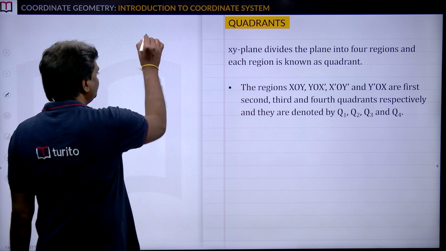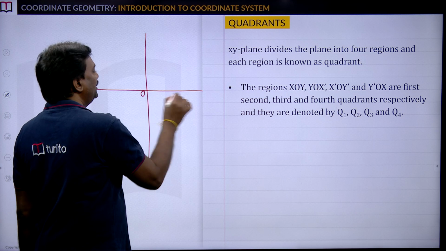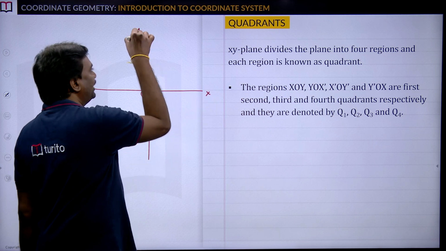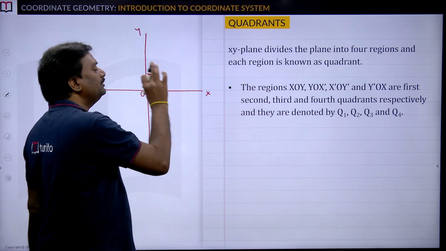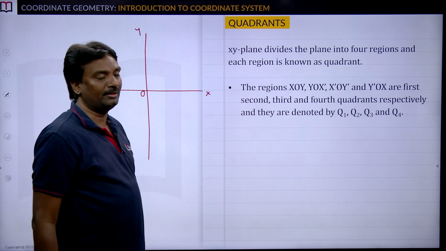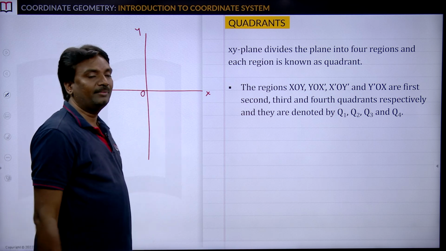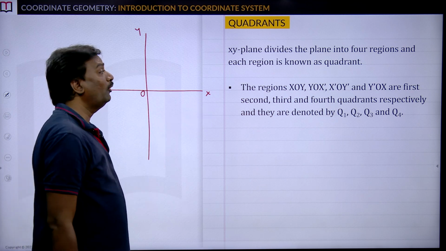So if you take the coordinate axes like this, with origin, x-axis and y-axis, as two perpendicular lines on the board, we can say this board is a coordinate plane or xy plane. By observing, this xy plane is dividing the board into 4 regions.